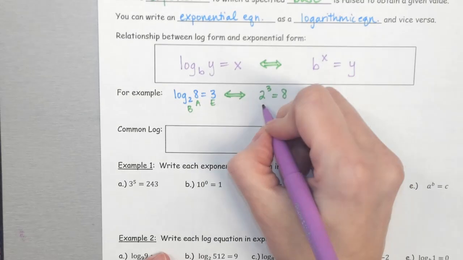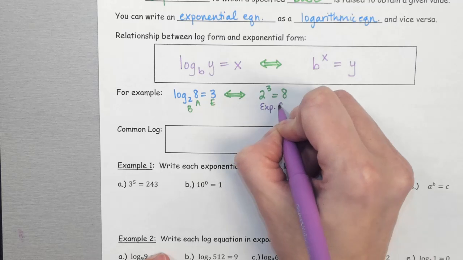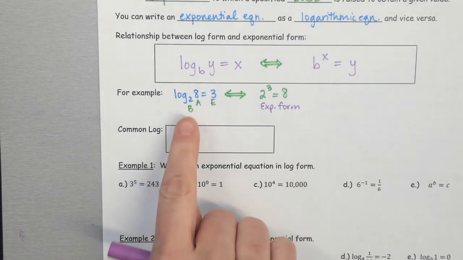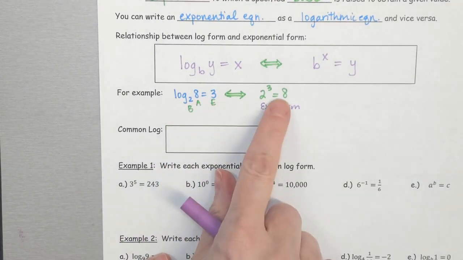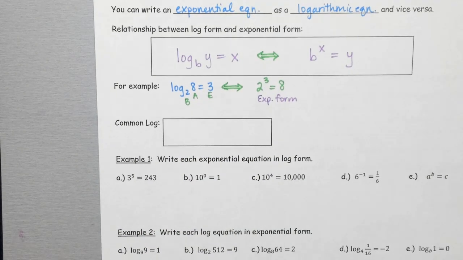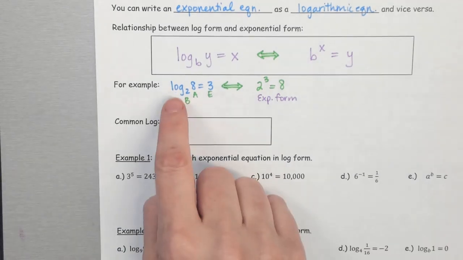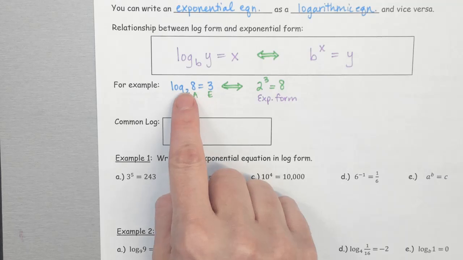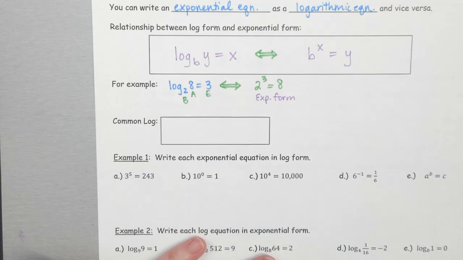So this is your exponential form: your base, your answer, your exponent. If you try to write it in a different way, it wouldn't be true. You couldn't write 2 to the 8th equals 3. 2 to the 8th is not 3.